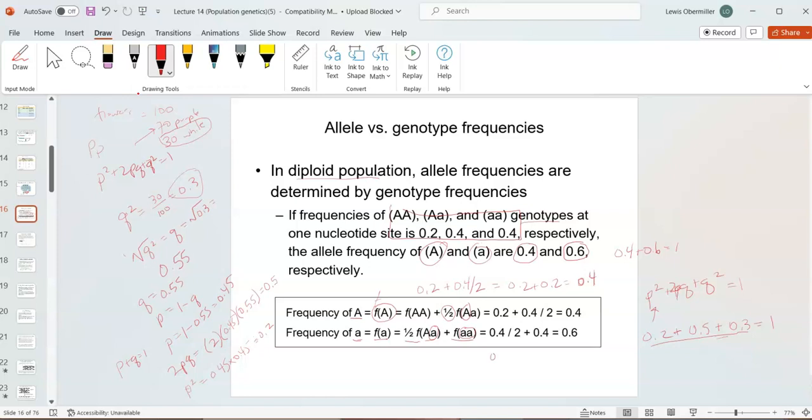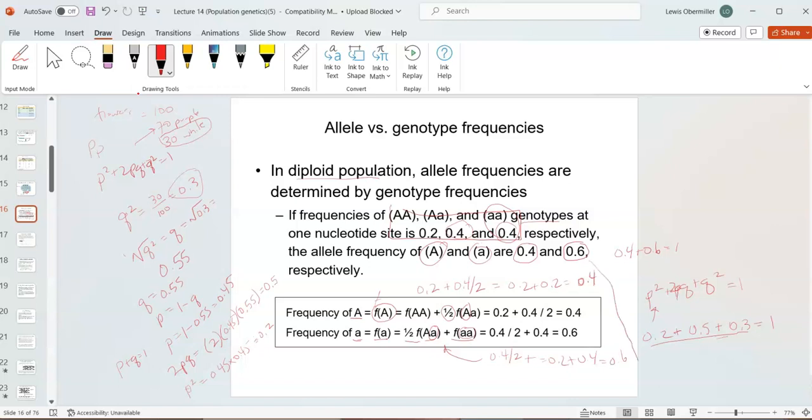So 0.4 divided by 2, which is 0.2, plus 0.4, gives us 0.6.